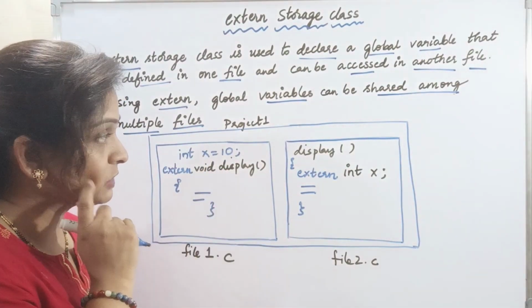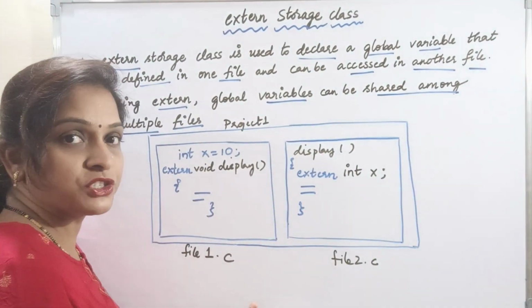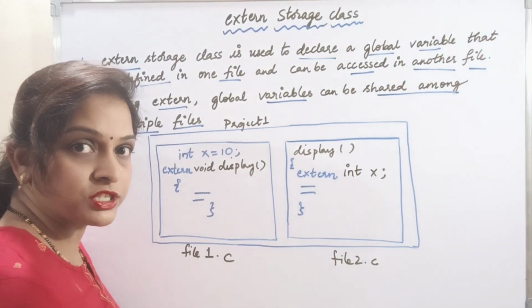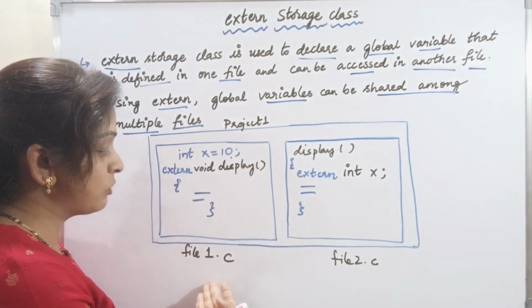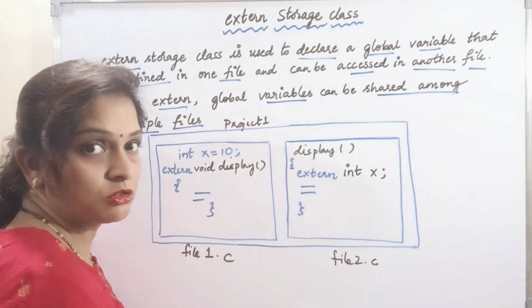Let me explain this with a small example. Say you are dealing with a project, and there are many members involved in the project. One member is dealing with file1.c, the other member is dealing with file2.c.